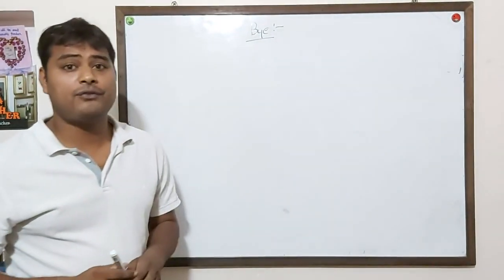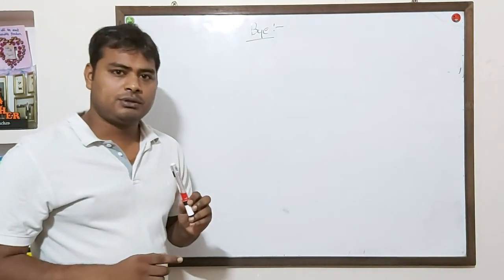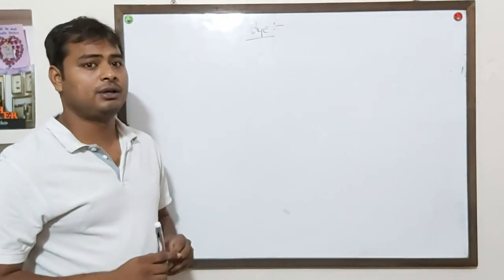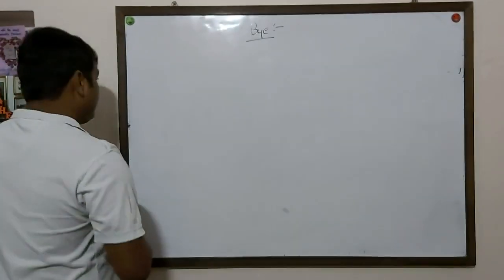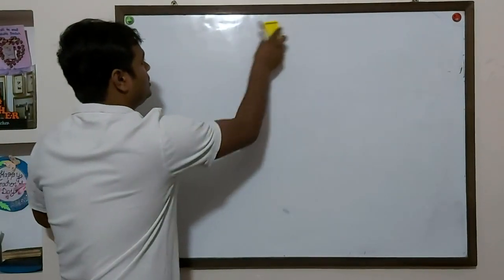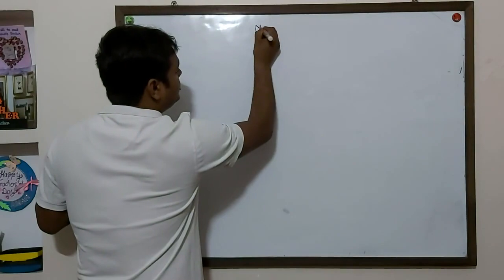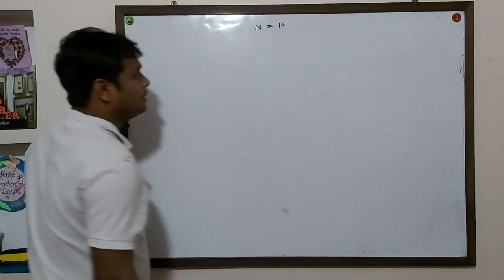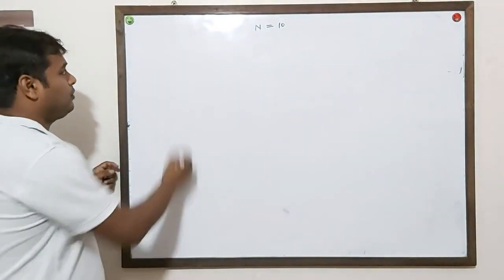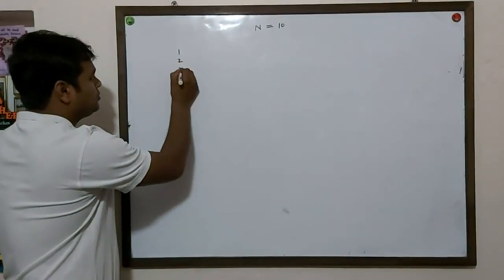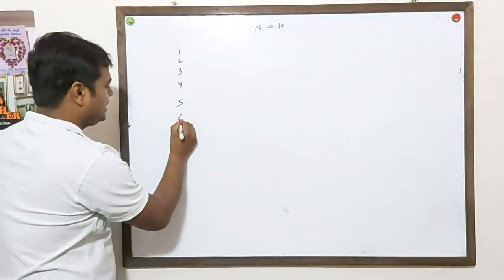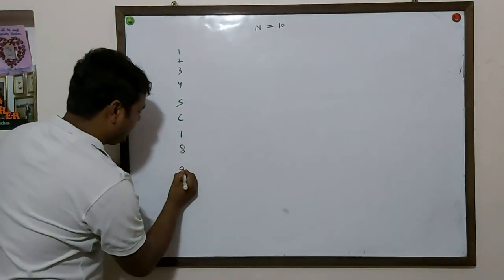Now I will draw a picture of 10 teams in which we will arrange byes also. So first, the total number of teams n is equal to 10. First step, we have to arrange the teams 1, 2, 3, 4, 5, 6, 7, 8, 9, 10.